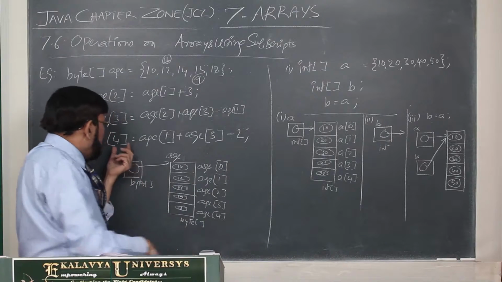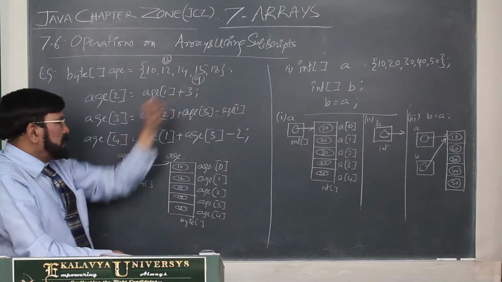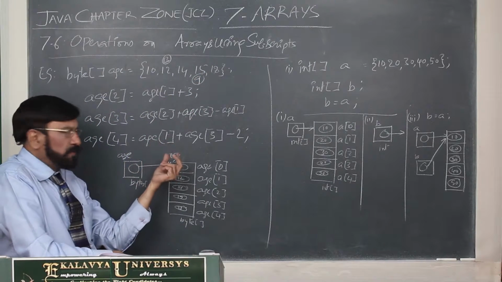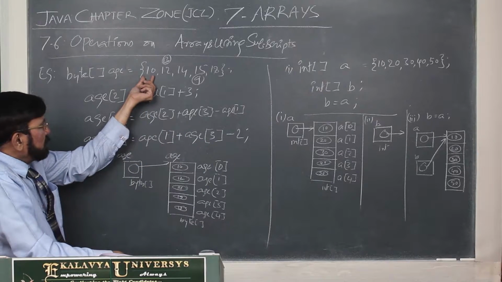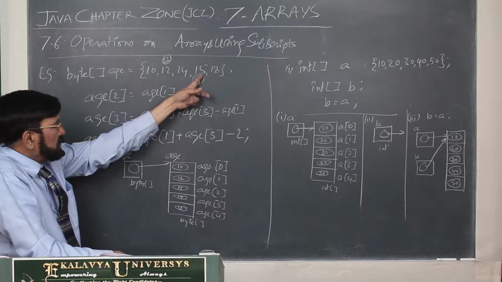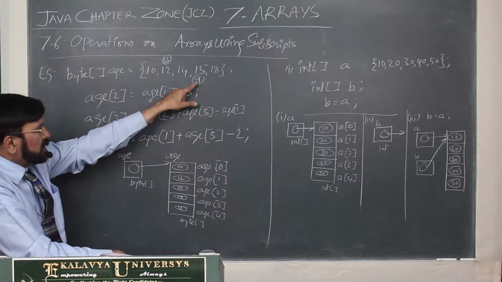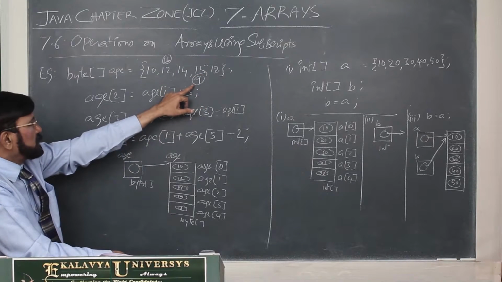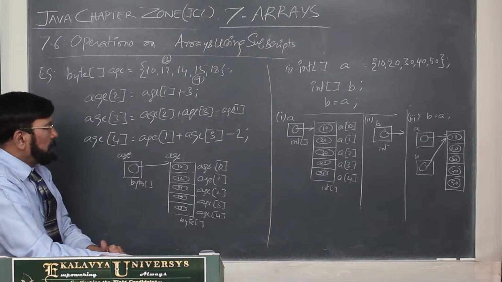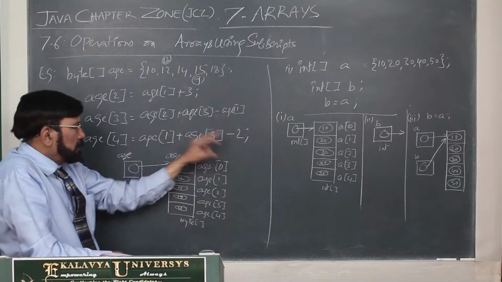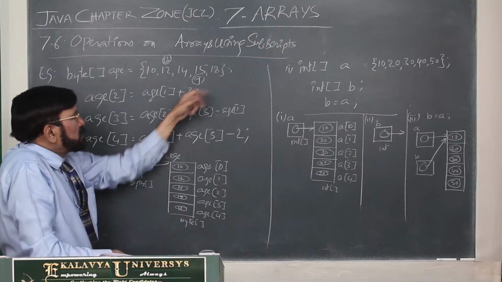Like that, here age 4 means 18. How are we modifying it with age 1 plus age 3? Age 1 is 10, age 3 is 15. Now we changed it here to 9. Now what happens? 10 plus 9, 19, minus 2, then it becomes 17.